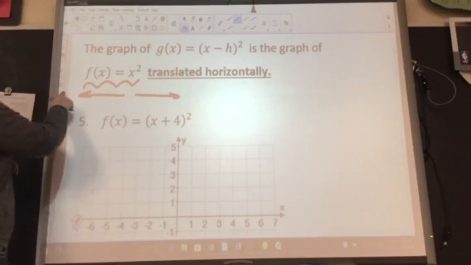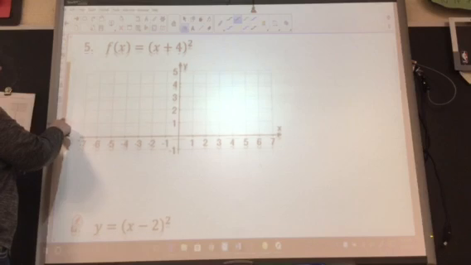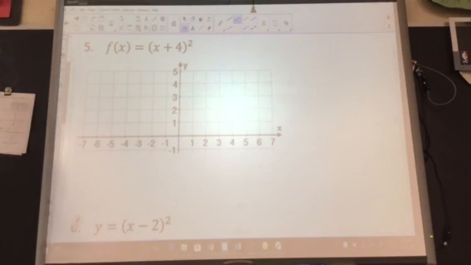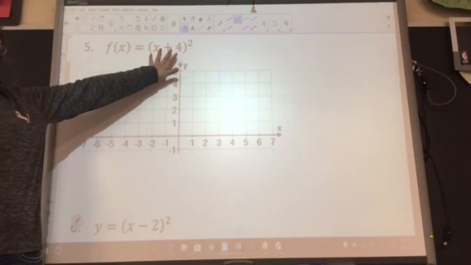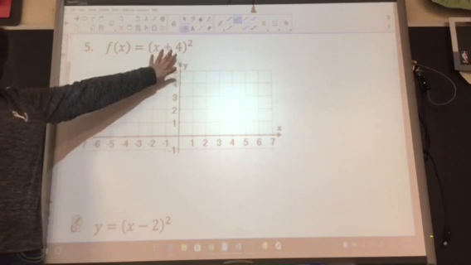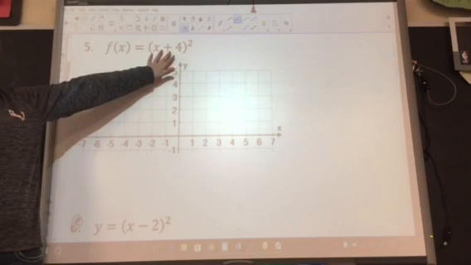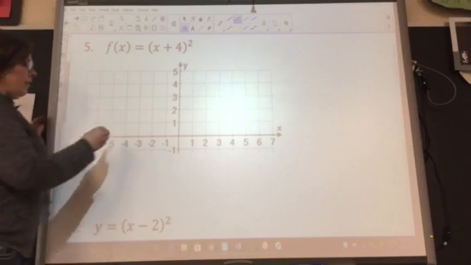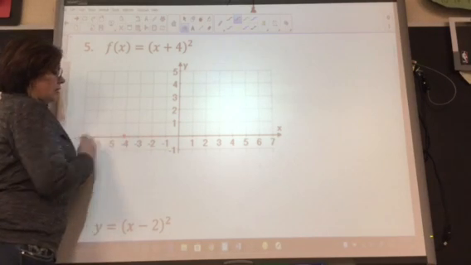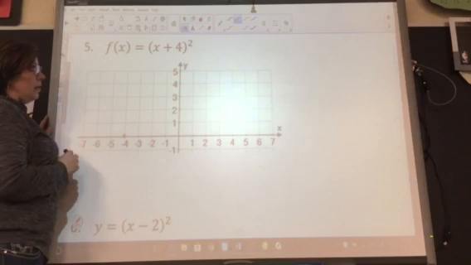So let's look at number 5. If you remember from that activity in Desmos, or if I were to ask you what the roots of this function are, what would you tell me? Mason. X equals -4. So I know that this graph is going to cross the x-axis at -4.